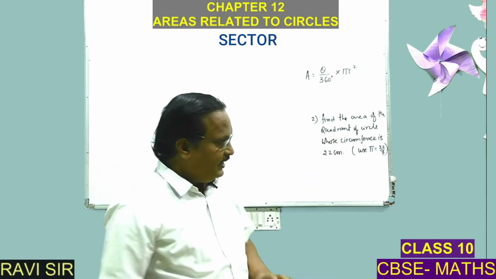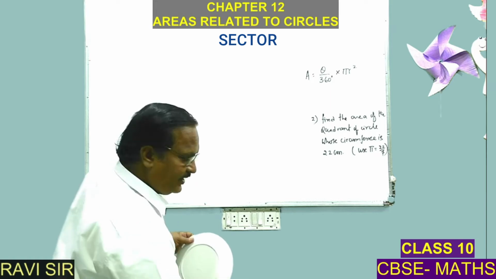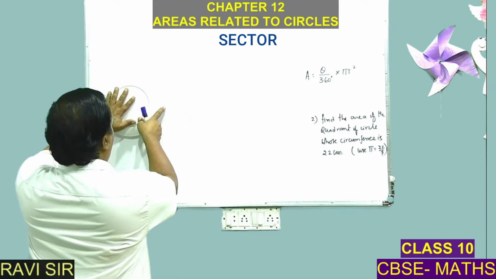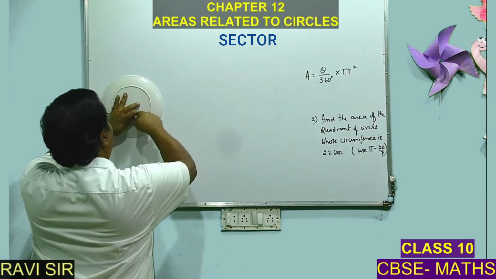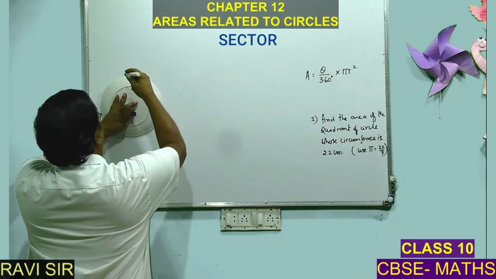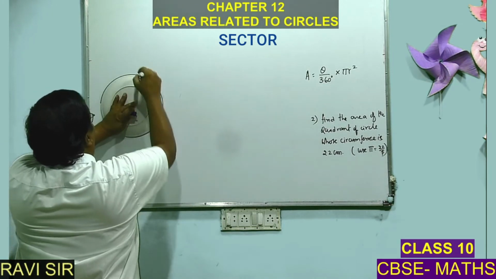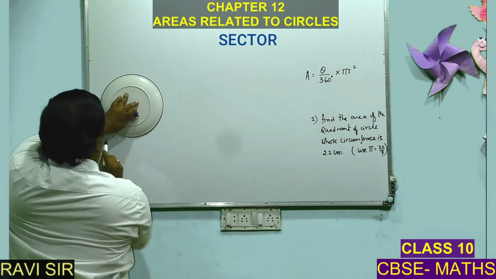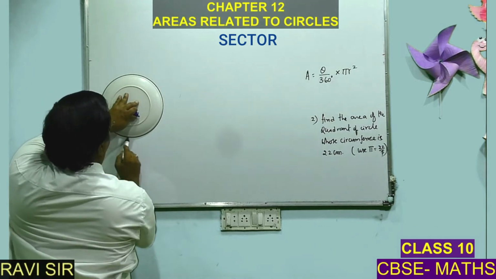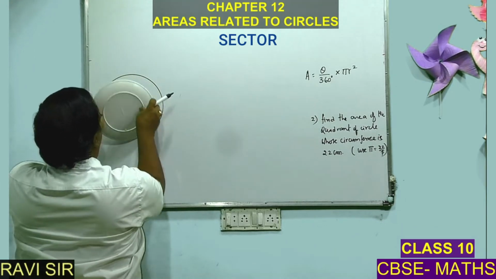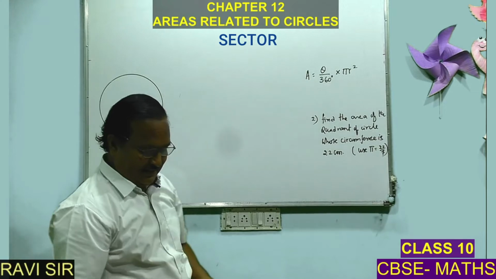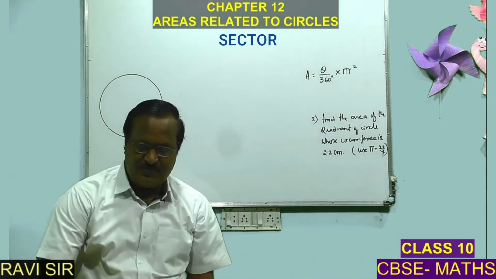So, if you have a circle like this, right, most of you know, but still I am an old man, so I wanted to tell you what is a quadrant properly. Okay. So, a circle, quadra means 4.